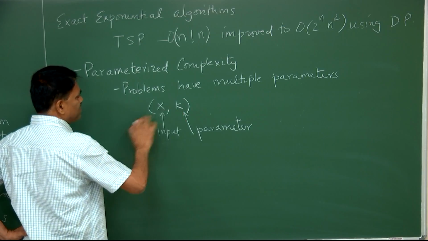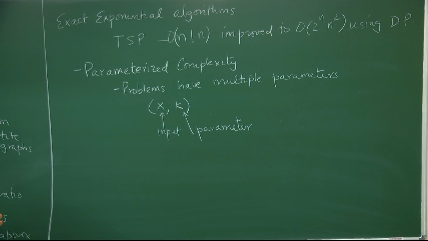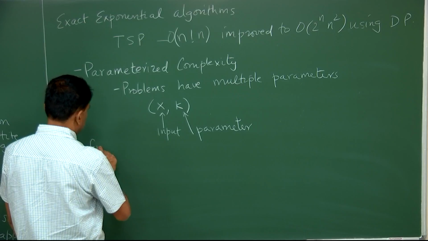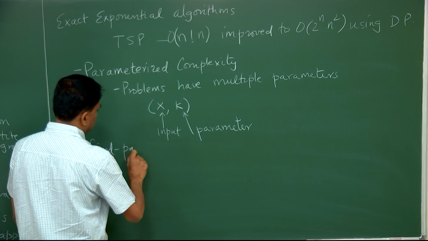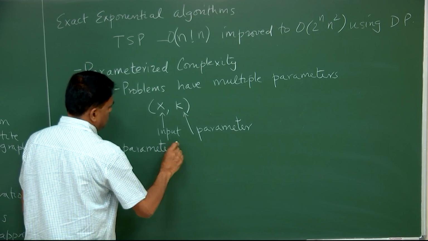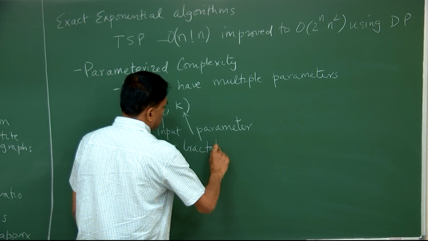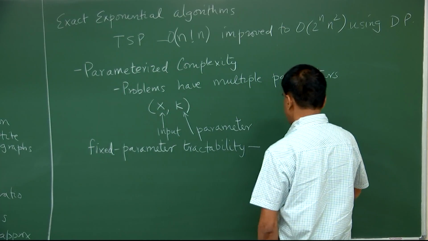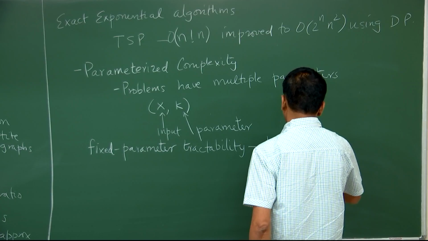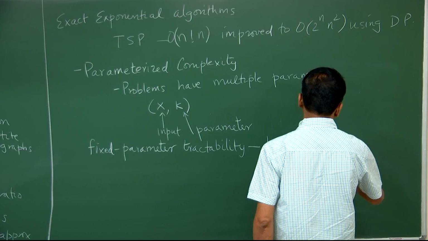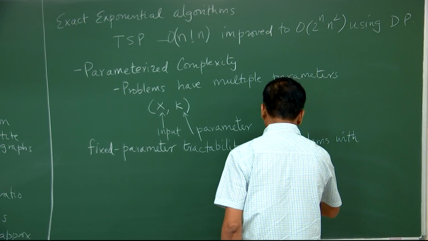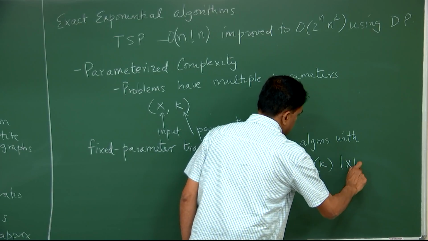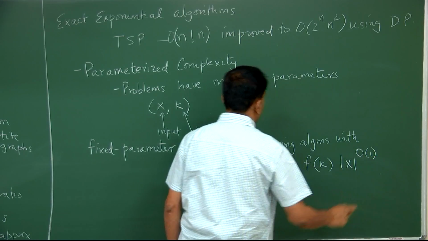So, who gives you this parameter? We'll quickly see some examples, but this notion of feasibility here is fixed parameter tractability. It corresponds to having algorithms with time some function of k times a polynomial in the input size.